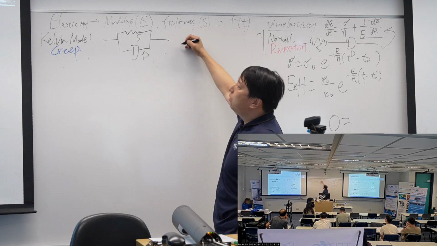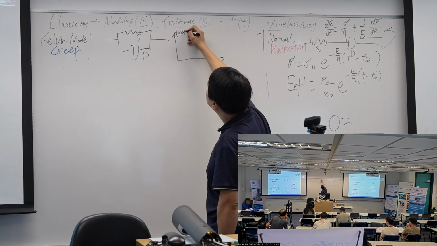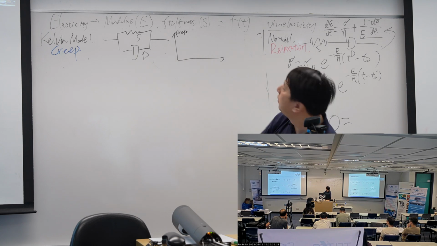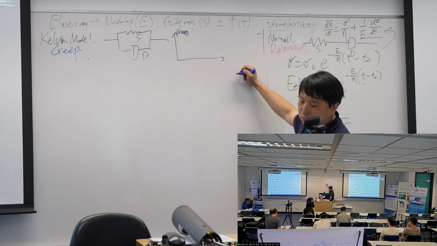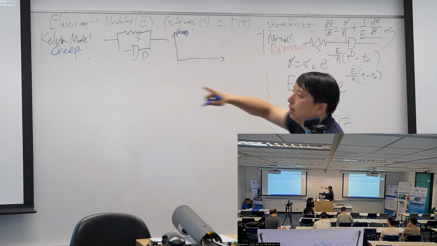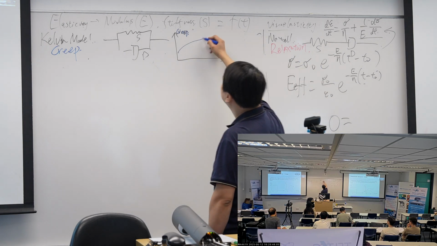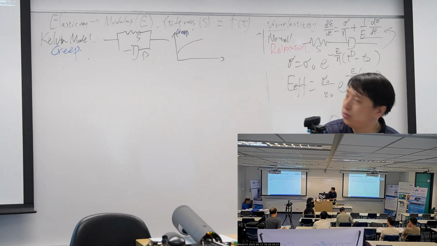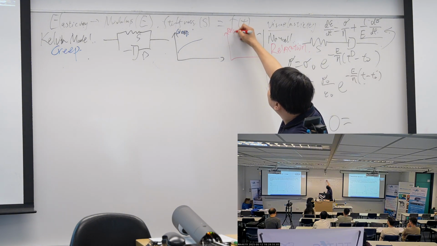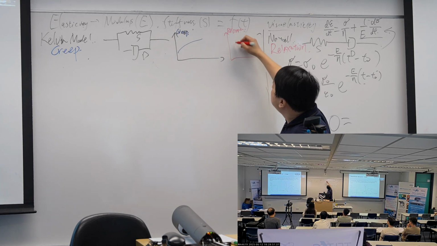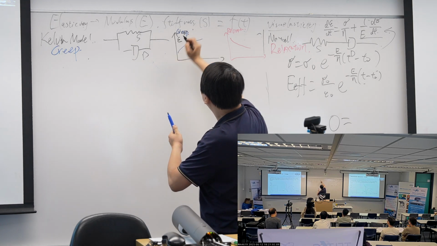So basically, they will do a creep. Sorry, I used the blue pen. The creep is to observe the absolute change, or they can do a relaxation, to observe a force change. This is the absolute change.